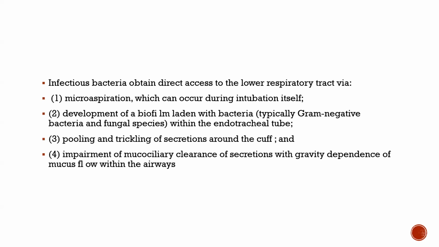Development of biofilm laden with bacteria, typically gram-negative bacteria and fungal species, within endotracheal tube, pooling and trickling of secretion around the cuff, impairment of mucociliary clearance of secretions with gravity dependence of mucus flow within the airway.